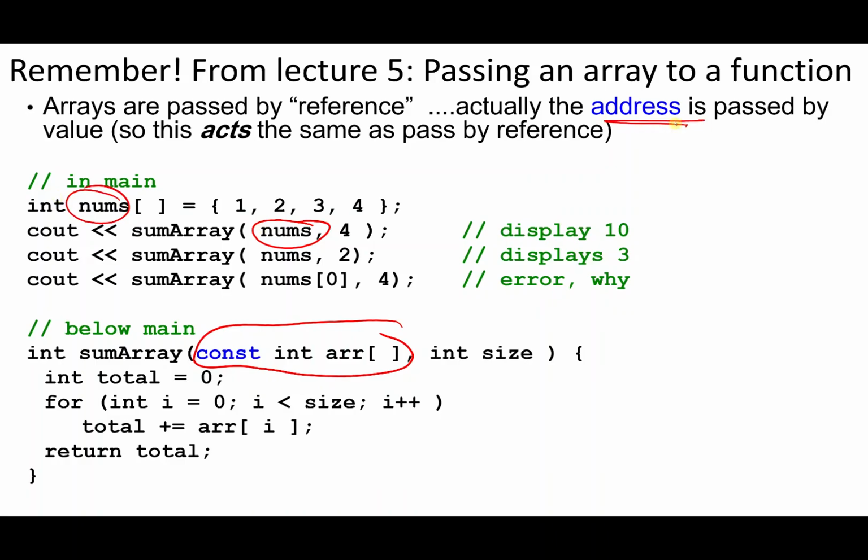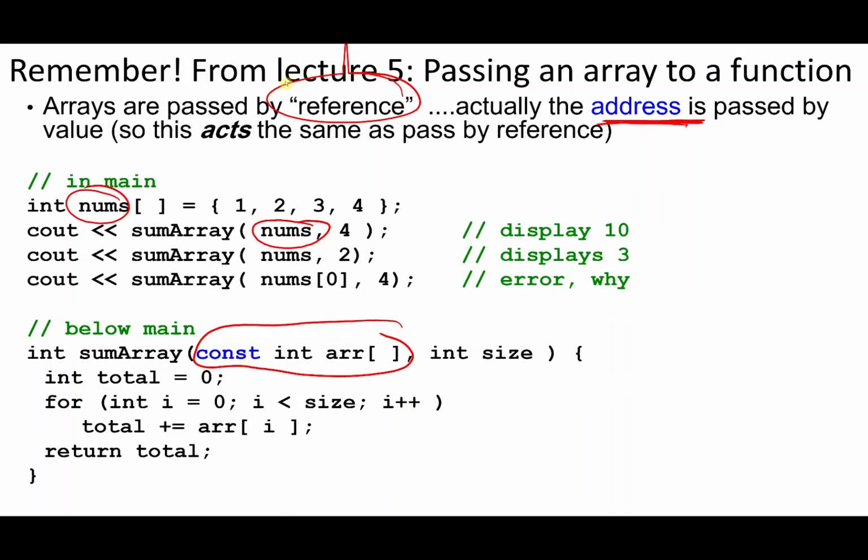You were passing the address. So this is why we are saying, oh, we were passing arrays by reference. So basically, we were passing the address by value. This is what actually happened. That acts the same as passing by reference.